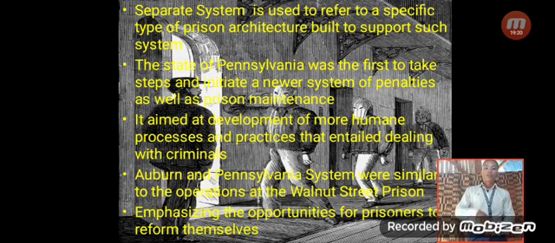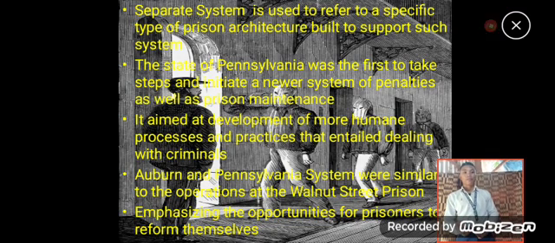The goals were aimed at the development of more humane processes and practices in dealing with criminals. Crimes that once brought death and torture as penalties now brought prison sentences instead. It is in line with this suggestion that the Pennsylvania system came about.